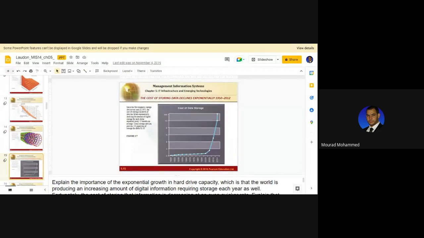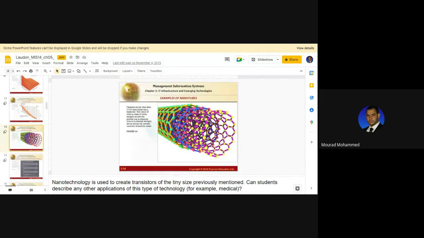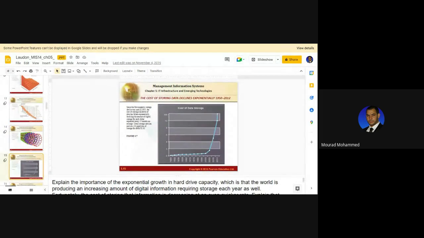The same thing here. Nanotechnology would help in decreasing the price, increasing the capability and efficiency, yet still decreasing the price. Technology would help in making services much better, faster, more efficient, and at the lowest price.